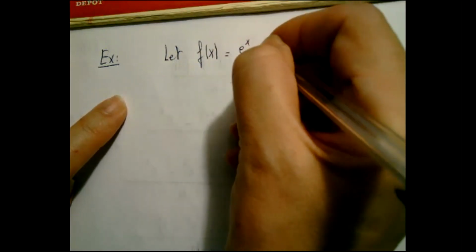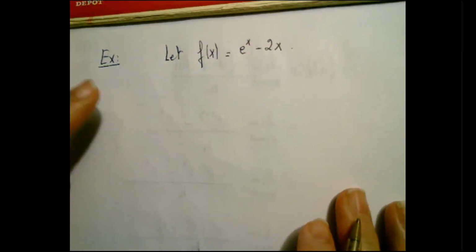So now this is my problem. Let f of x equal e to the x minus 2x. Okay.